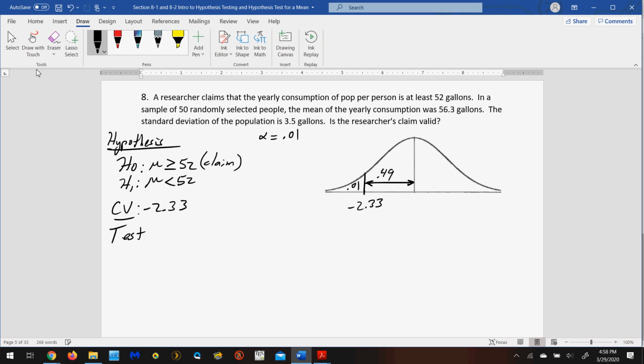And now I need to determine the test statistic. So my mu is 52 because that's the number associated with mu in some way, shape, or form. My sample mean was 56.3. My standard deviation was 3.5. And this worked with 50 people, so square root of 50.